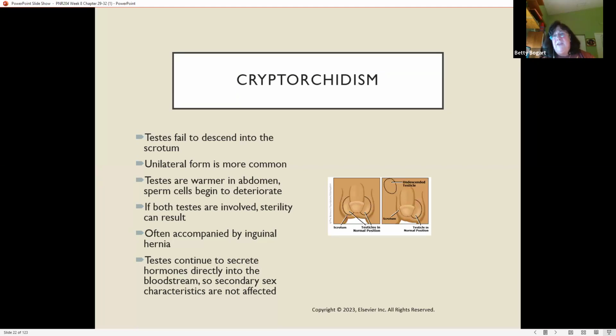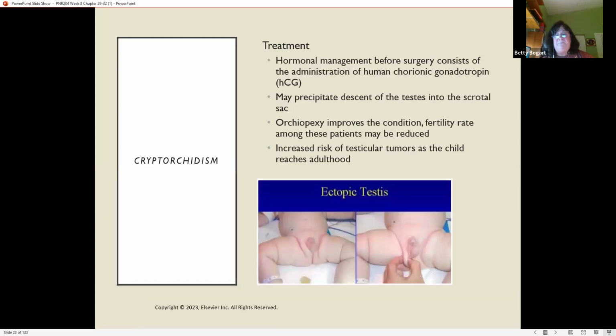If we don't catch this and get those testicles down, the testes do secrete hormones, and we need them to be there on these children. So, with cryptorchidism, sometimes we're going to do that hormone therapy to try to get them down there so that we can make this male that is going to be able to have children when he grows up.